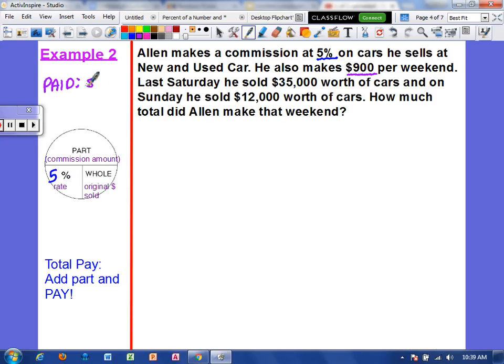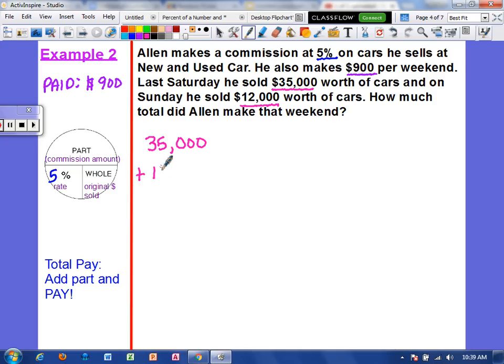He was paid $900, and we know this was a Saturday and a Sunday, so he made $900 that weekend. Now, he sold $35,000 on Saturday and $12,000 on Sunday in car sales. So we've got to add these together to figure out the amount that he sold that weekend.